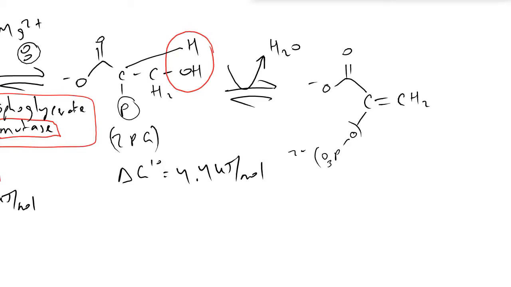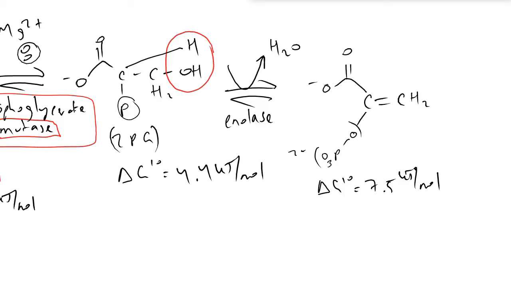The enzyme that catalyzes this reaction is called enolase. And the standard Gibbs energy is equivalent to 7.5 kilojoules per mole. So this is another equilibrium relationship, where we're not dealing with very large positive or large negative Gibbs free energies.